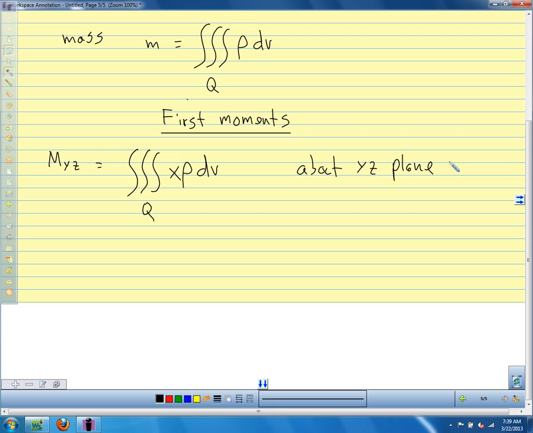And then the other two moments are just the different combinations of our variables. So m sub xz is a triple integral over the region of y rho dV.